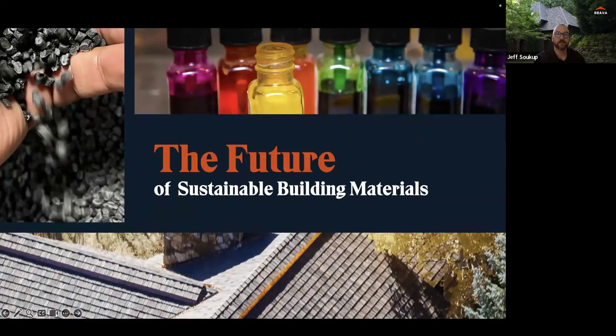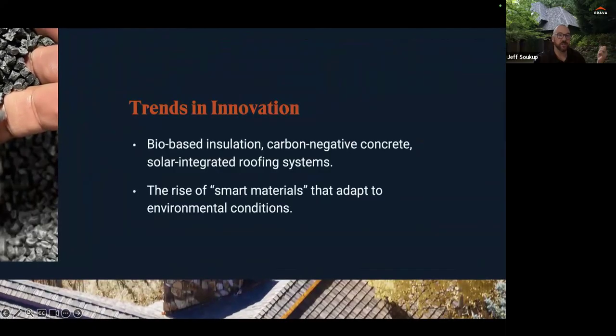Just great solutions. Some of the future for sustainable materials: bio-based insulation, carbon negative concrete, solar integrated roofing systems. These are things that were probably once thought of as impossible to design or create, but we've made so many advancements in these areas that they're really going to start becoming the way that we manufacture smart materials.